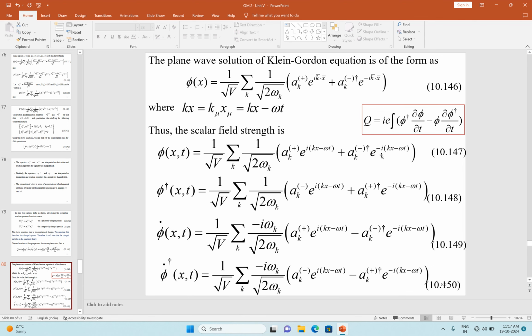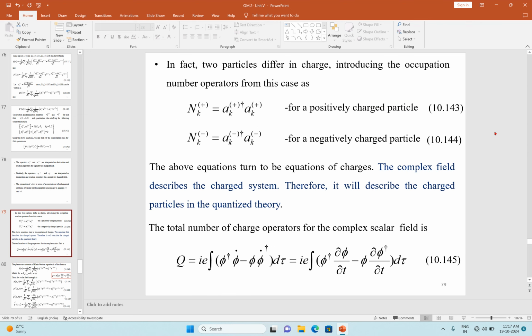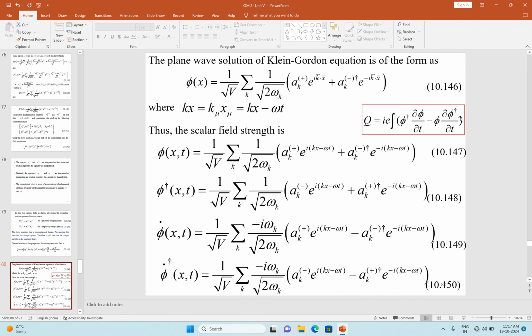Similarly, on the right-hand side you have equation 10.147, and as I said, the field operators in equation 10.145 are the charge operators, so we will have to find them. In the charge operators we have phi dagger, dφ/dt and dφ†/dt, so we will have to calculate all of those.